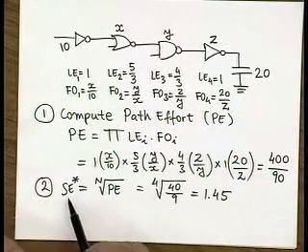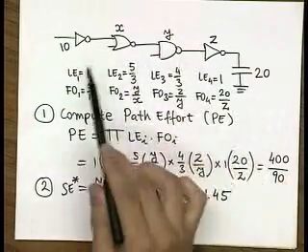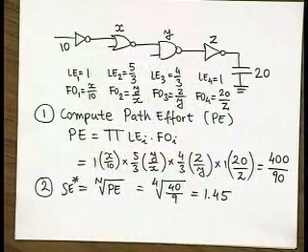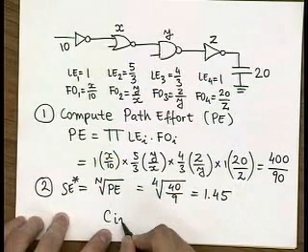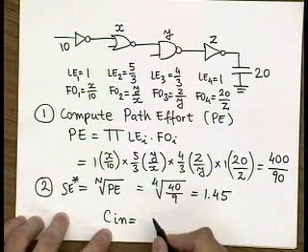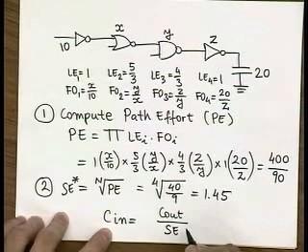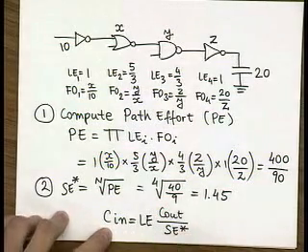Now that we know this optimal stage effort, we are going to determine the optimum sizes of X, Y, and Z. We know that the input capacitance is equal to the output capacitance divided by the stage effort and also multiplied by the logical effort of a gate.